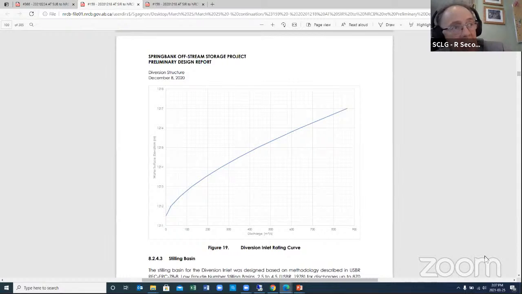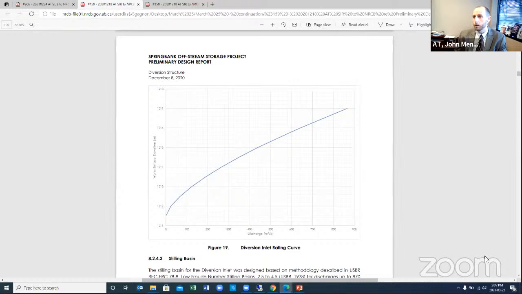And I thought the flood of record was coming down at 1260 cubic meters per second. So how do you get to a 1 in 500 year flood when the water elevation is only at 1216.5 meters?